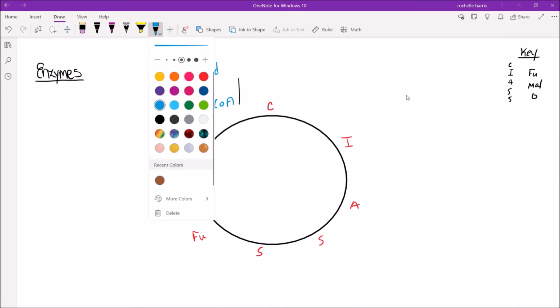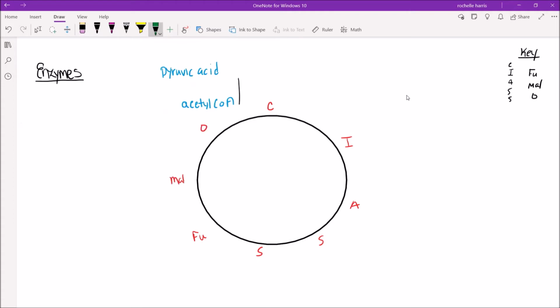Now we are going to tackle the enzymes. First up, I want to do dehydrogenase enzymes, and I'm color coding dehydrogenase enzymes in green because that's the color that I picked.